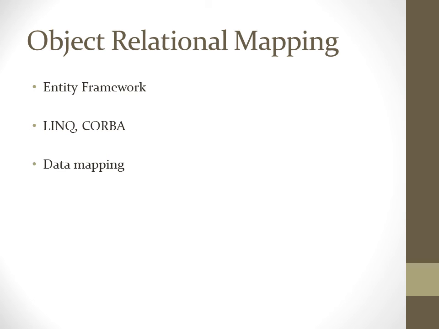And the last thing we're going to look at is object relational mapping. Pretty much all programming languages that interact with database management systems need to do object relational mapping in some form.